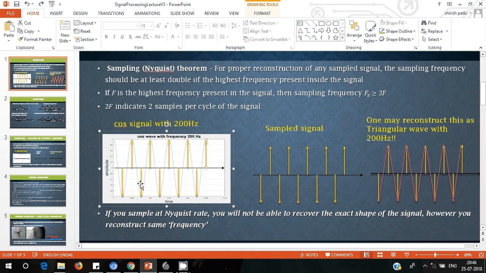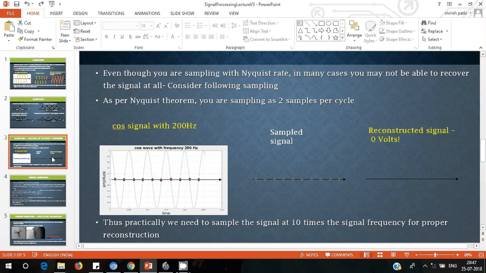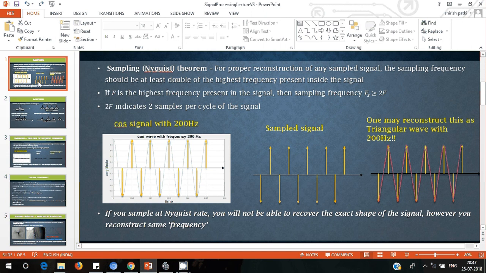Therefore, you must satisfy this Nyquist criteria. Further, if you want to get the exact shape of your transmitted signal, and avoid getting 0 volts sampled, you must sample the signal with a frequency which is at least 10 times your signal frequency.